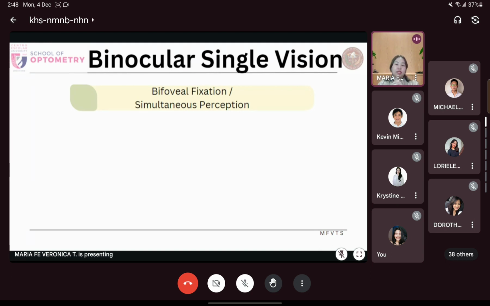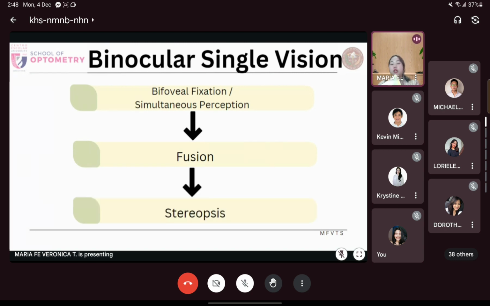So dapat both have fixation. Then once there is fixation on both eyes, there will be fusion of the images coming from the right and coming from the left eye. So mag-fuse dapat to form a single image. Once there is fusion, then magkakaroon na tayo ng stereopsis or our 3D perception. So these are the steps para tayo magkaroon ng single vision.